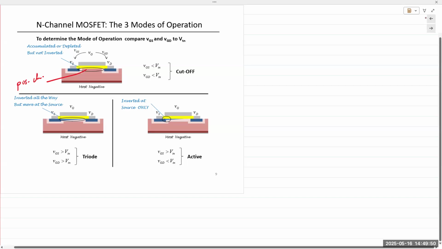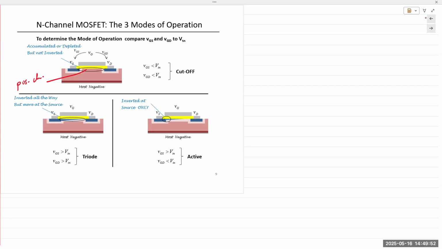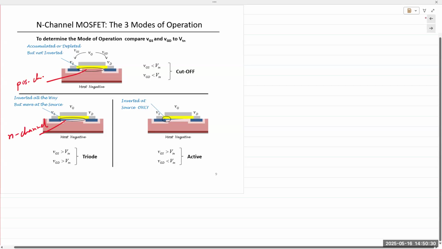All right. So now VGS is starting to increase. We are increasing it from some negative value or even 0 and turning it positive: 0.1, 0.2, 0.3, 0.4, 0.5, 0.6, 0.7, 0.8, 0.9. And let's say VTN, threshold voltage, is 1 volt. At this point, VGS is just at the threshold voltage or just slightly above it, meaning the inversion process has occurred. It is now complete, and you have an N-type channel which connects both the drain and the source.